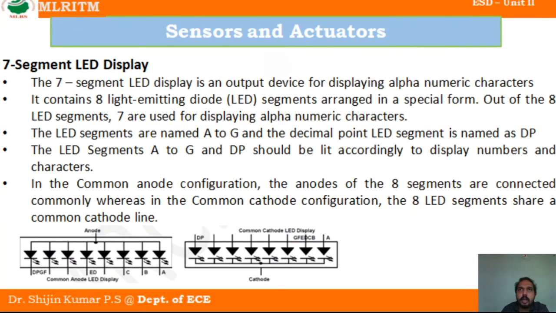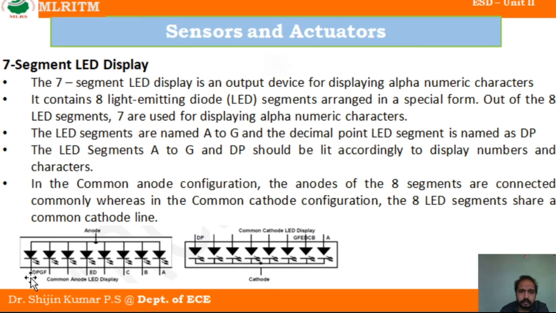Normally, as I told you earlier, it has an anode and a cathode. The anode will be connected to the positive terminal and the cathode will be connected to the negative terminal. Here we can see A, B, C, D, like that.